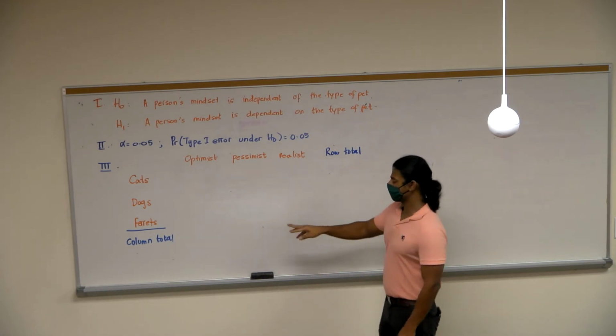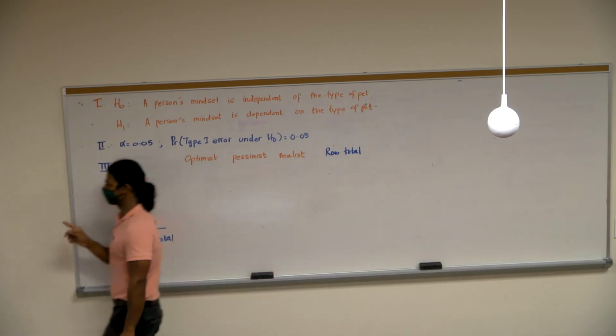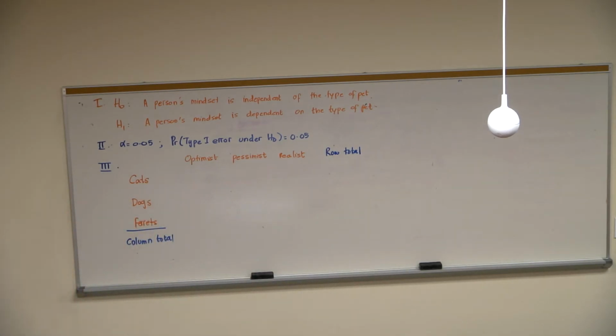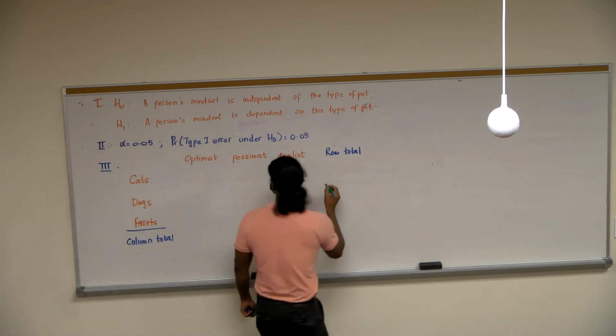Now, where do we get this information from? This information comes from the observed data. So the row total would simply be the sum of all the values that you see along the rows. So 74 plus 16 plus 32 in the table of observed frequencies would give us 122.